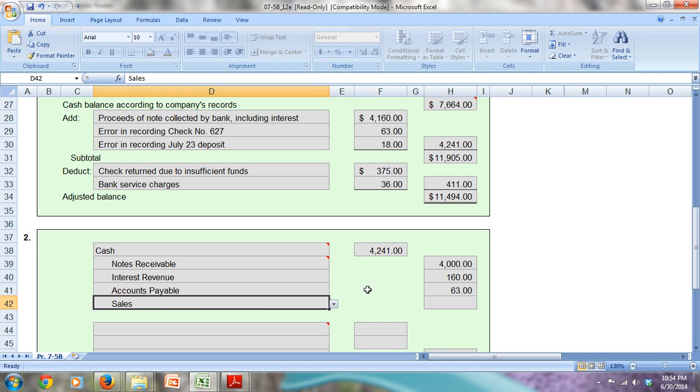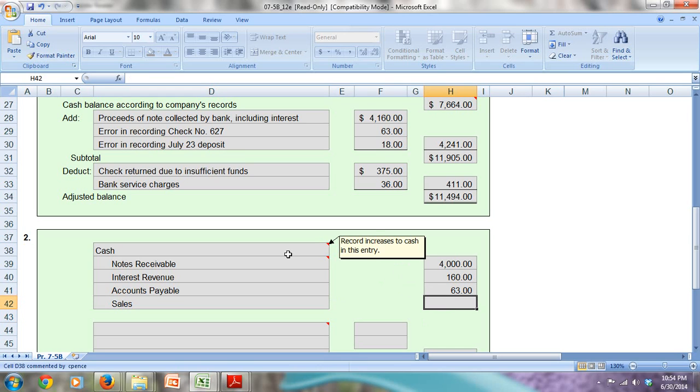So we recorded too little sales. So we're going to credit more sales that should have been there. Okay, I'm sorry, I didn't read the instructions, but the instruction says to assume that all deposits are from cash sales. Okay, so that's why that is. If it weren't a cash sale, it would go to receivables.